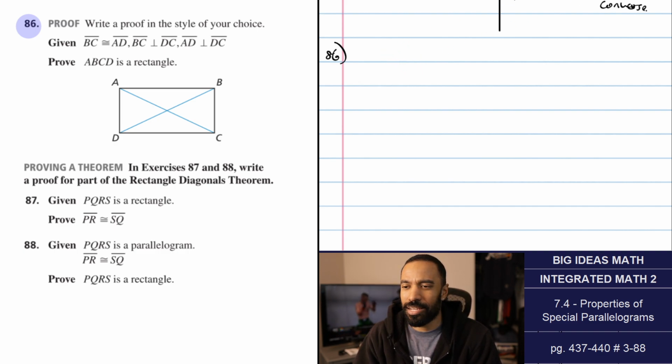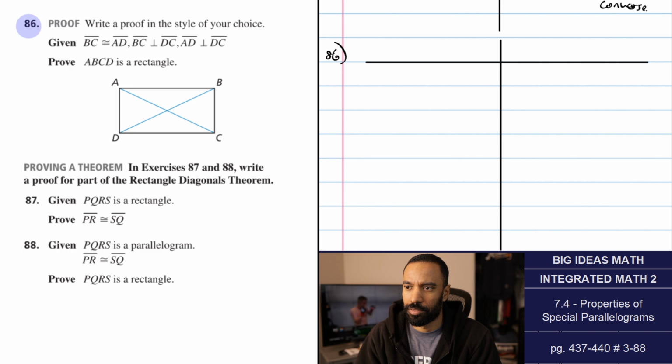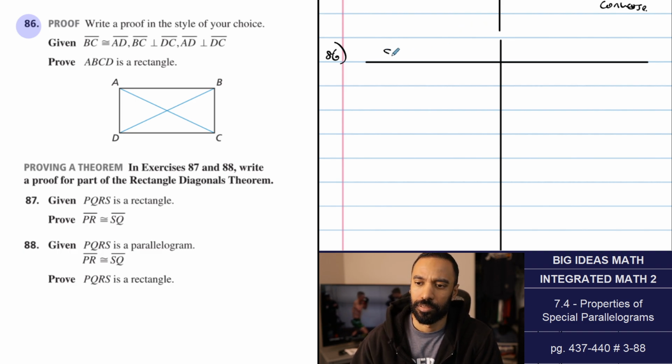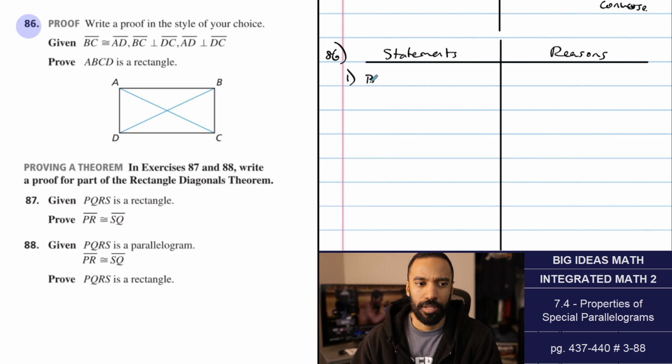BC is congruent to AD. Is this a rectangle? Yeah, prove it's a rectangle. BC is congruent to AD. BC is perpendicular to DC, and AD is perpendicular to DC.